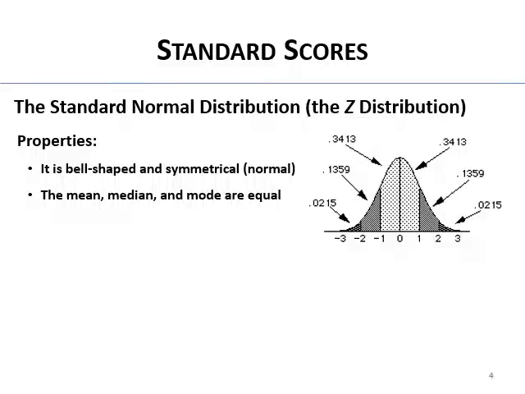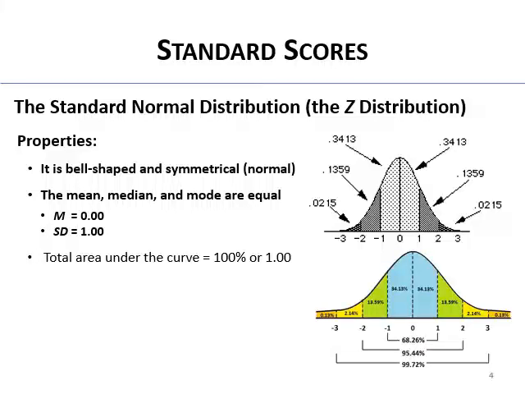In the z-distribution, the mean, median, and mode are all 0. The standard deviation in the z-distribution is 1. So the average score is 0. The average amount that scores differ from that mean of 0 is 1, up or down. So you can see one standard deviation above is positive 1. One standard deviation below is negative 1.